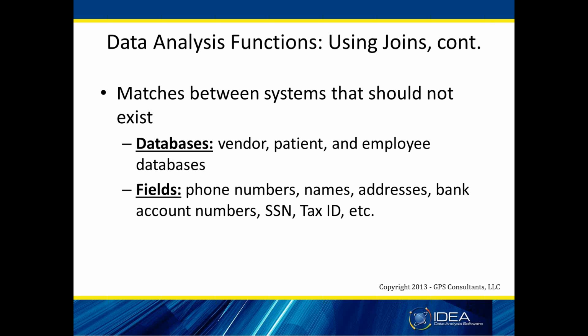A match that we may not want to see pop up is matching contact information, where our employee may also be one of our patients, or one of our patients may also be one of our vendors, or where our employee might be one of our vendors, right? That last one would be one we'd really want to know about, because that could be a fictitious vendor they had set up, and they could be falsely billing or making payments to this vendor that are really just going to themselves. So that's an example of looking for matches that should not exist.